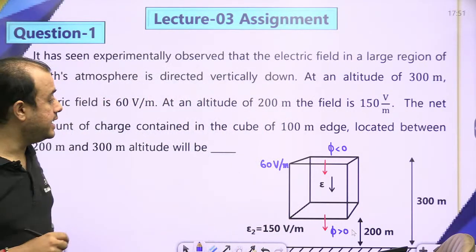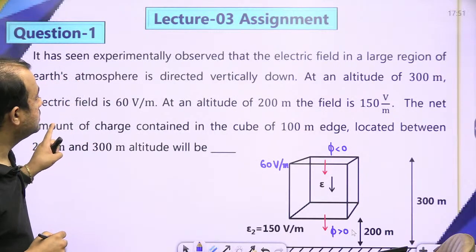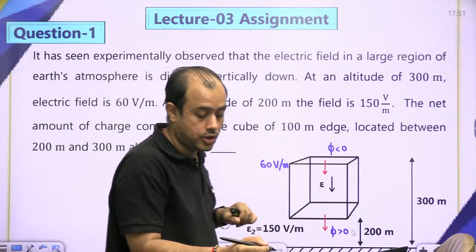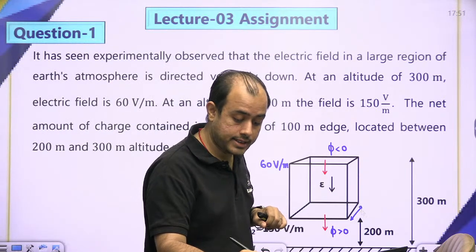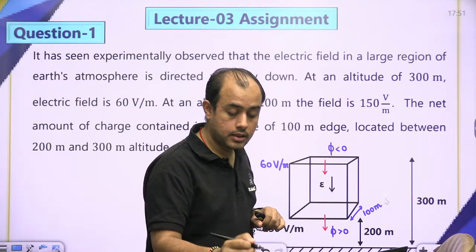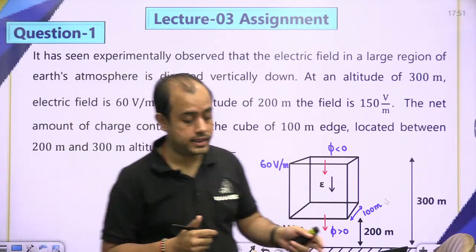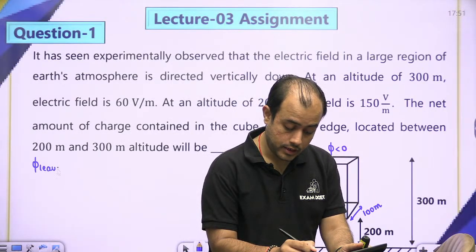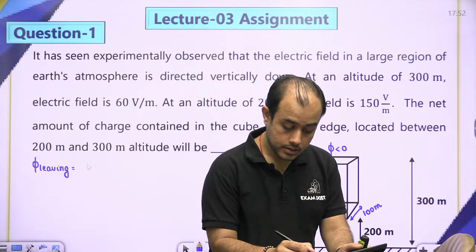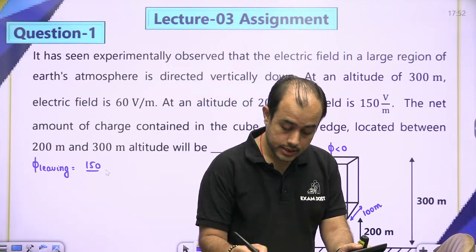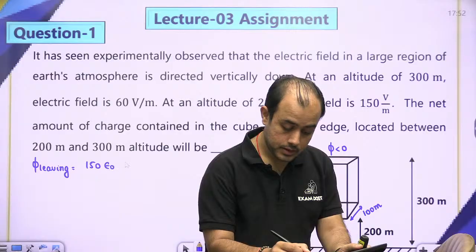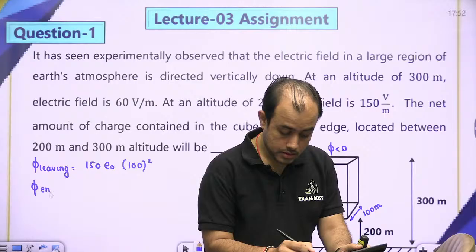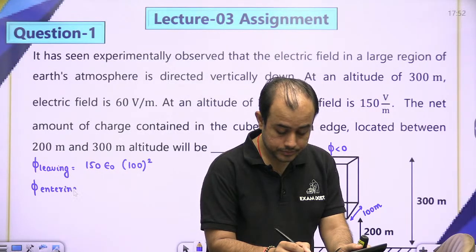And what is the area? 100 meter edge is the cube. Cube का edge है 100 meter. तो area will be 100 square. ठीक है? So what is the leaving flux? D is epsilon E. Entering.